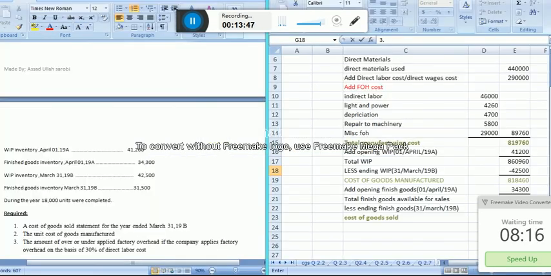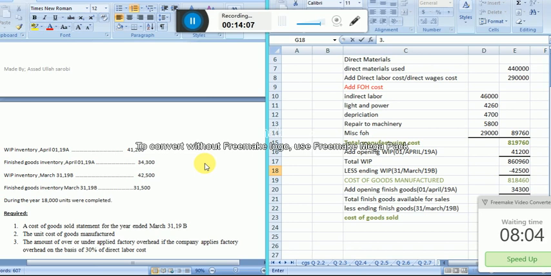Now the third requirement. What is the third requirement? It says to find out the amount of under or over applied factory overhead, if the company applies factory overhead on the basis of 30% of direct labor cost.